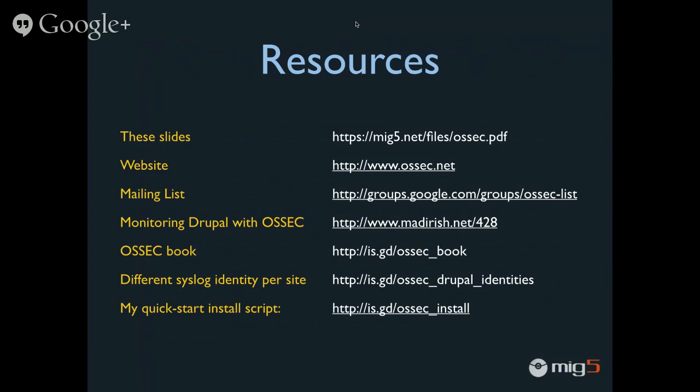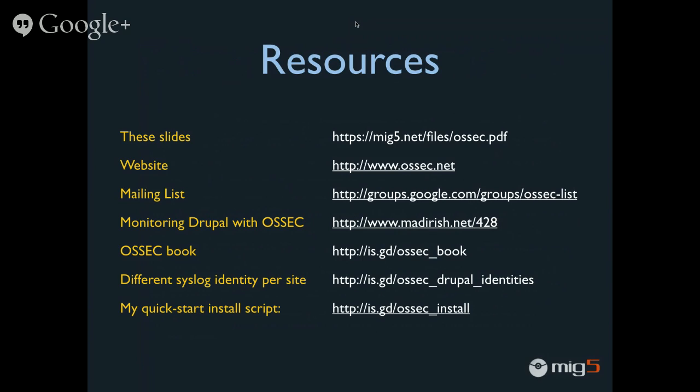Logging: use a different syslog identity for each Drupal site. You can do that in your Drupal settings for syslog. I think it's called log facility, a name that you can give to separate your sites from others. I found it makes sense to prefix them all with Drupal-dash-something, and then you can match rules that affect multiple sites.